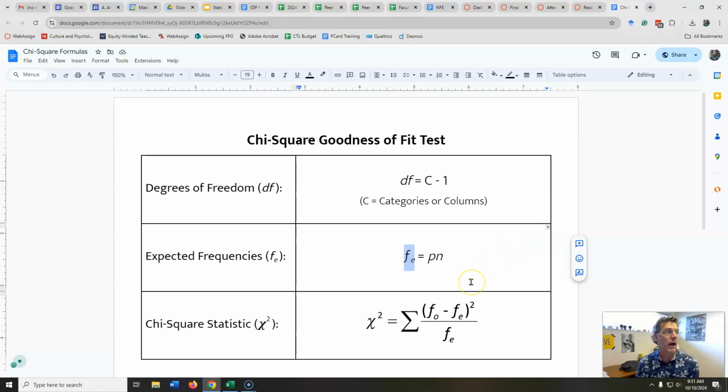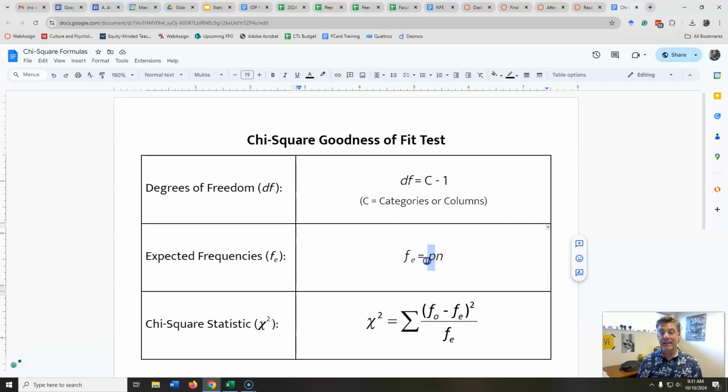Now, let's say you are still doing the same kind of no difference hypothesis. If you have 3 groups, and well, let's do 4 groups, that'll be easier. So let's say we've got 4 groups and 20 people. If we again assume that there should be no difference between our 4 categories, A, B, C, and D, well, we should expect 25%, or a quarter of the people in each of the groups.